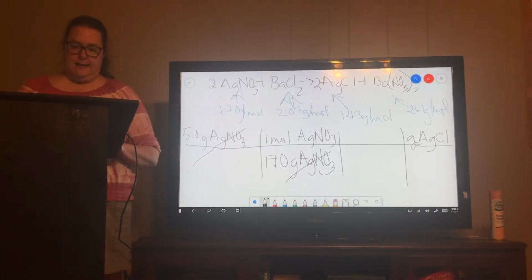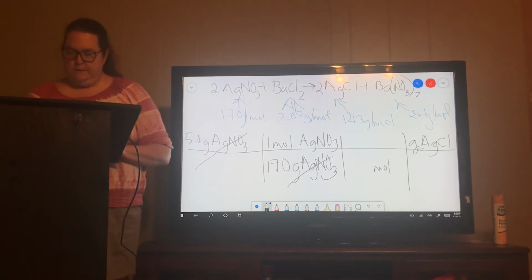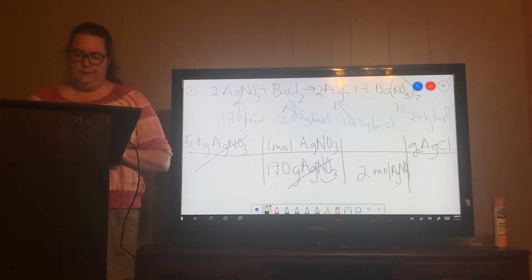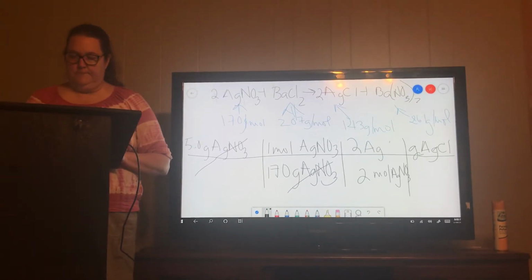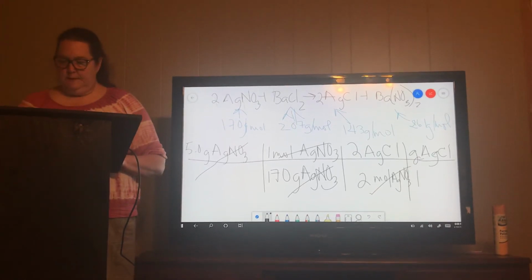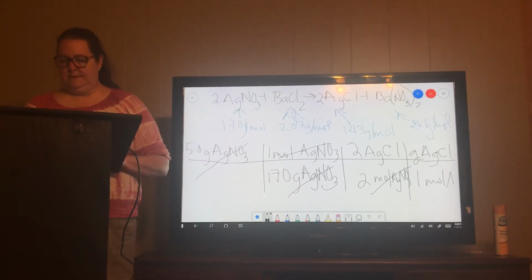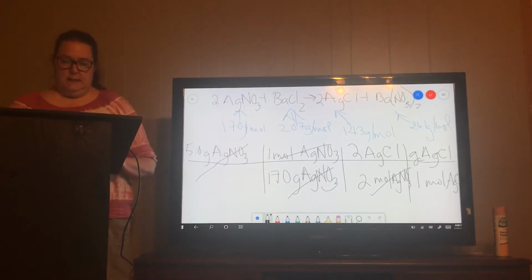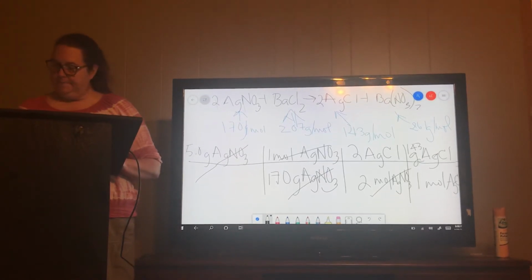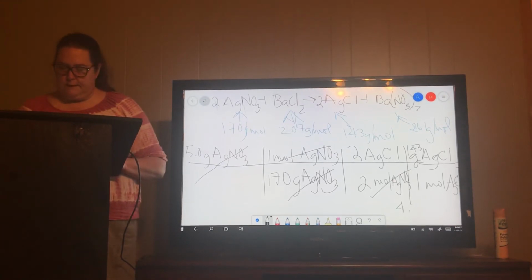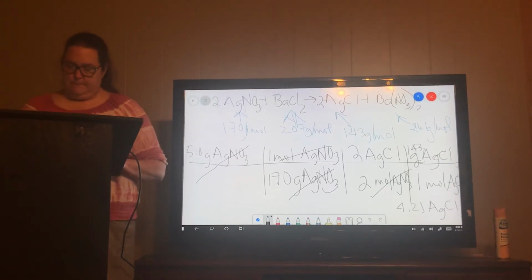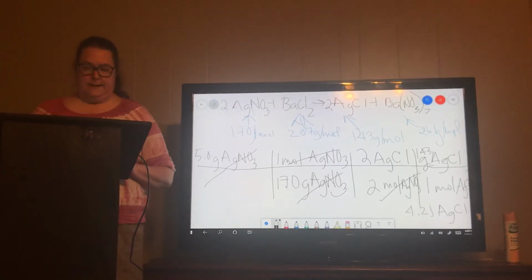And then I know for every 2 moles of silver nitrate, I need 2 moles of silver chloride. Okay, that gets rid of the moles of the silver nitrate. So 1 mole of silver chloride is 143 grams. So when I plug that in, I get 4.21 grams of silver chloride.